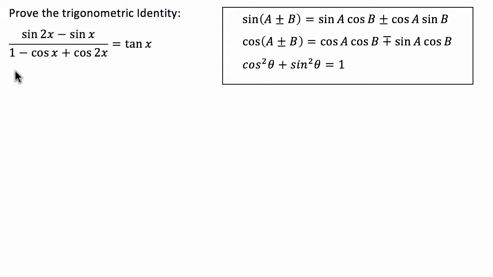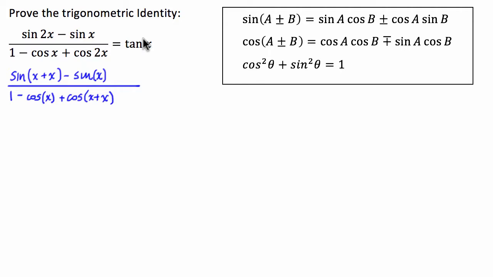So we're going to say that the sine of 2x is equal to the sine of x plus x, minus just the sine of x, and that's all going to be over 1 subtract the cosine of x plus the cosine of 2x, which, like the sine of 2x, we're going to say is equal to the cosine of x plus x.